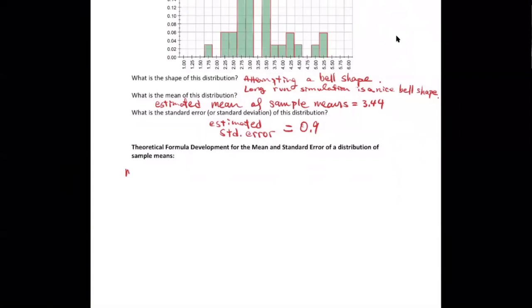So I want the mean of all sample means. Okay, so this is going to be mu with a little x bar here. And mean is just another word for expected value. So the expected value of a sample mean is what I mean there.